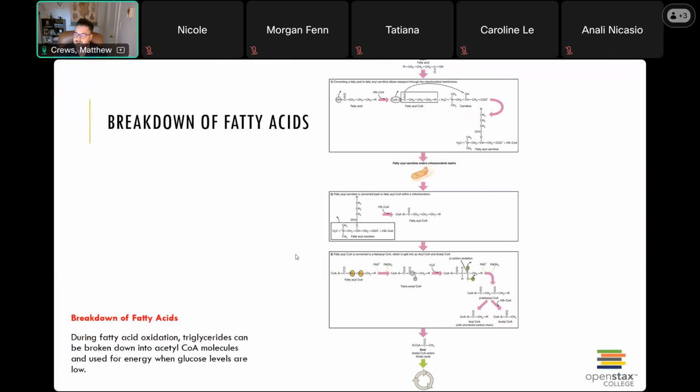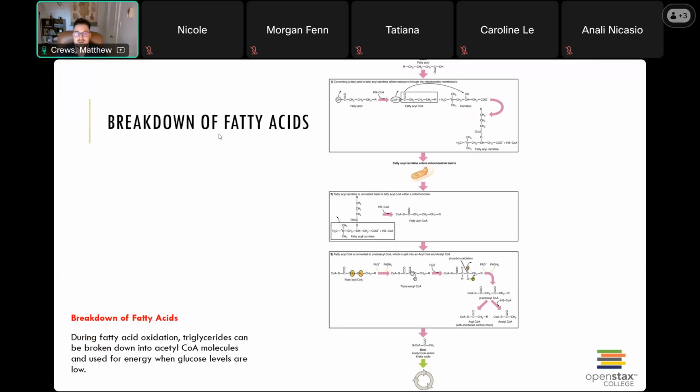What I want you to know from this area is there is something called beta oxidation, and that is how fats are burned in your body. That is a more complex metabolism. So just know that for the purposes of this class, fatty acids can be broken down into acetyl-CoA molecules.